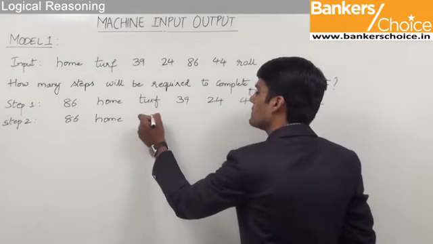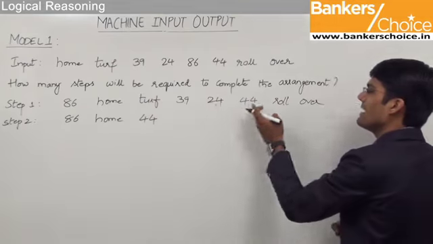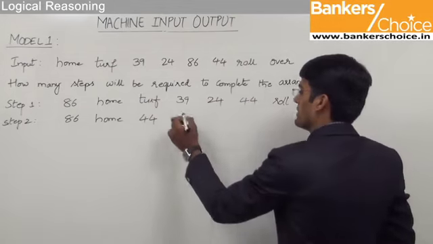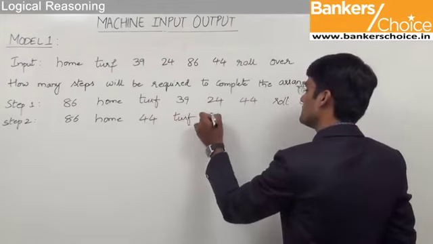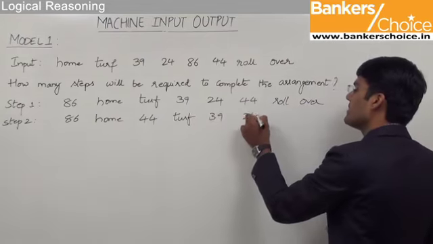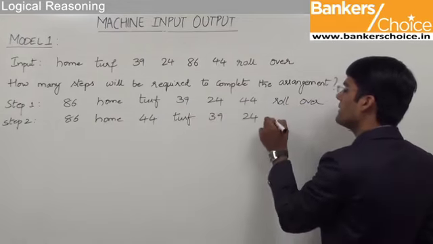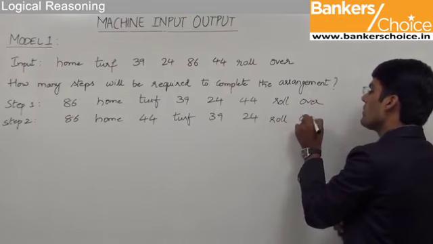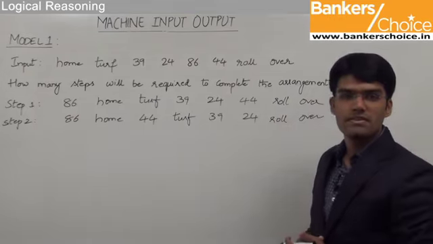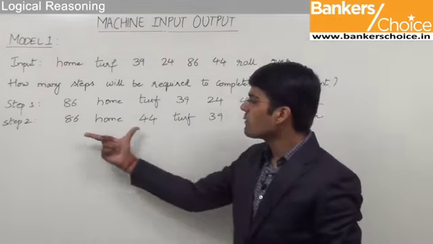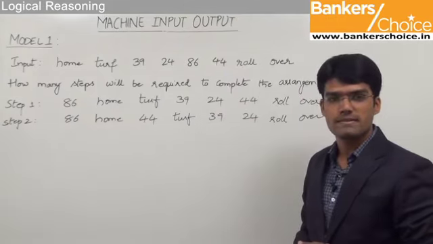So let us bring 44 to the third place and remaining elements are pushed aside. So the next position would be turf, 39, 24, 44 has already gone there, and then roll followed by over. So that finishes step 2, and now we have got 3 elements in the correct positions.